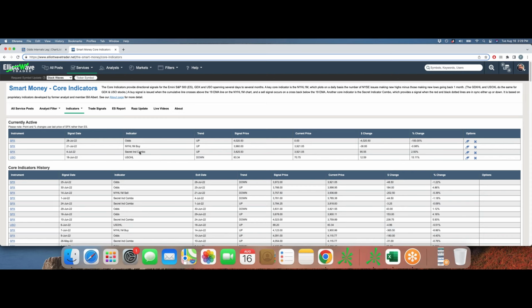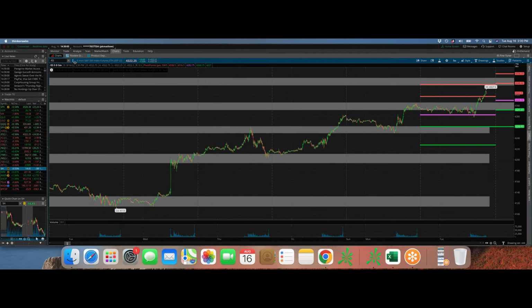Apart from that, we've got the USOHL indicator that we track in the core indicators. That's been doing really well. As you can see, it went short on the 18th of June, and that's also up nicely. USO has been doing really well on this indicator.